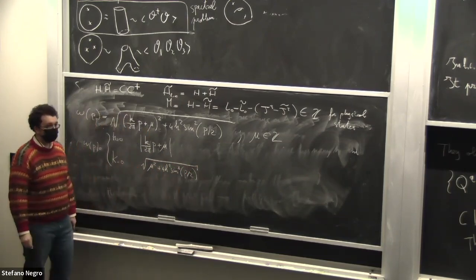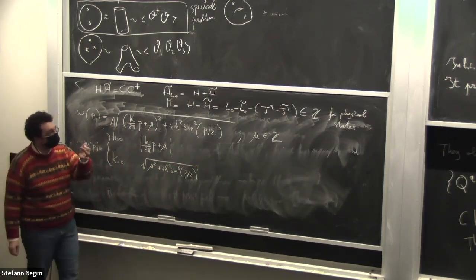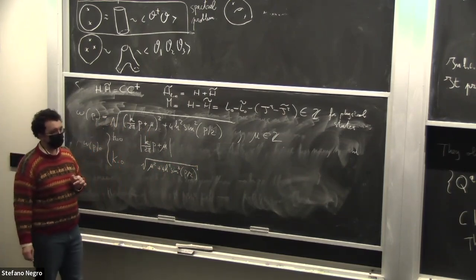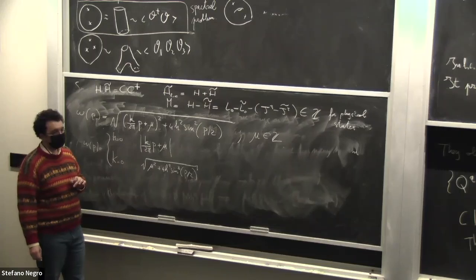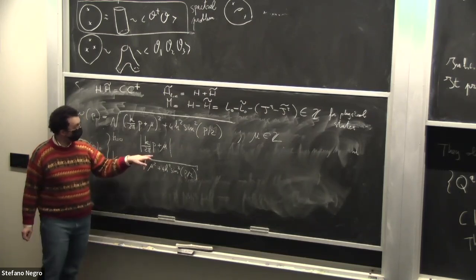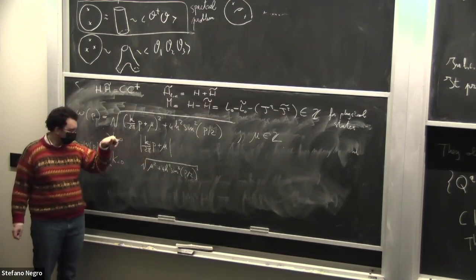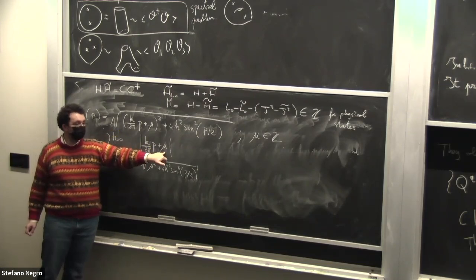And sorry, this P is the momentum of one excitation of the two-dimensional model, where now sigma is no longer identified modulo 2 pi, it's continuous. Or sigma is still identified modulo 2 pi, and you see that there is some interplay between going from minus pi to pi and shifting mu.